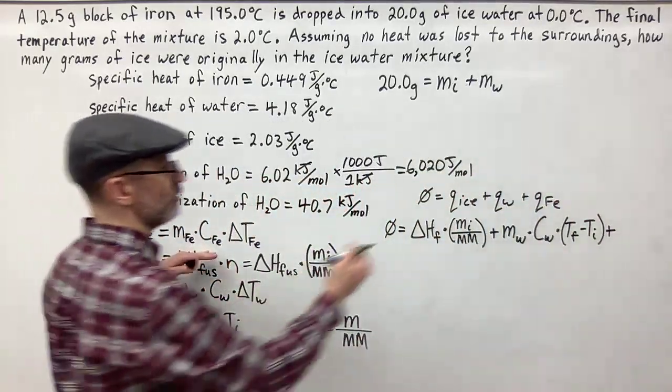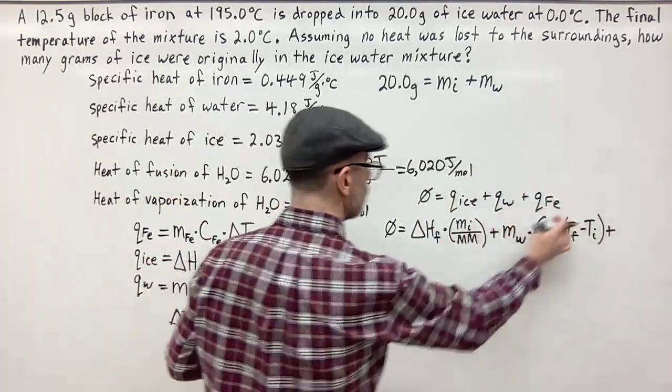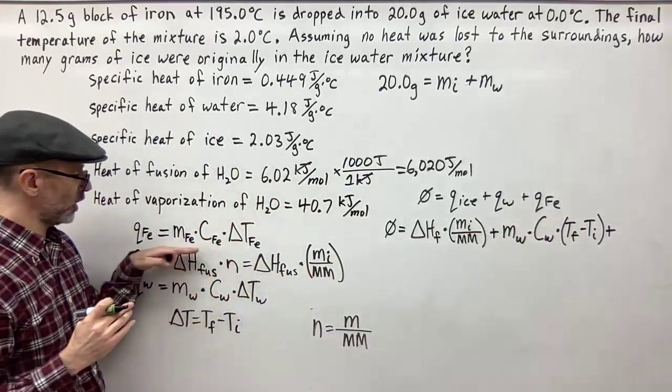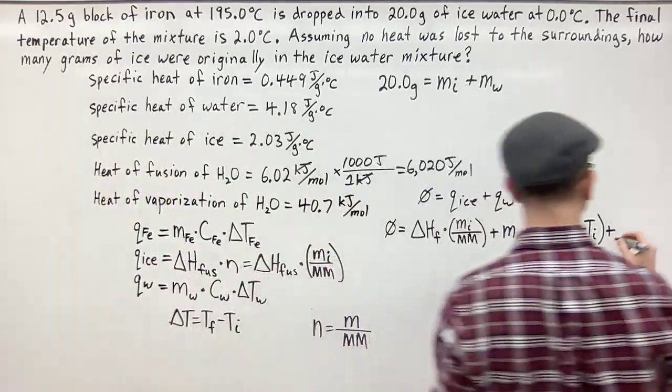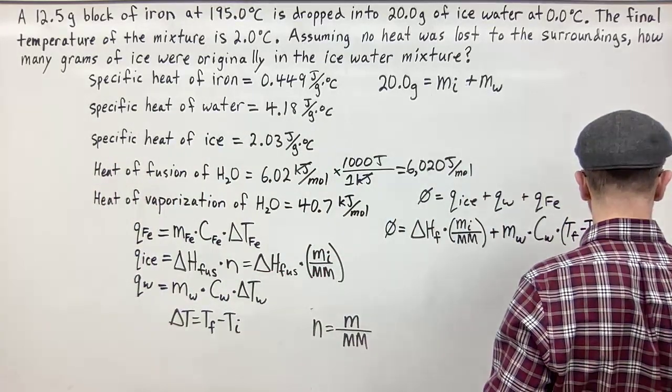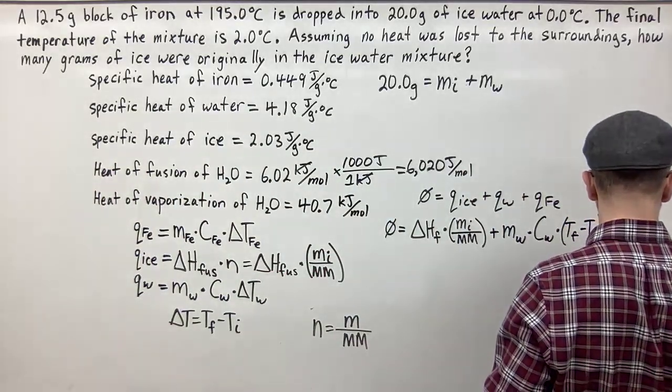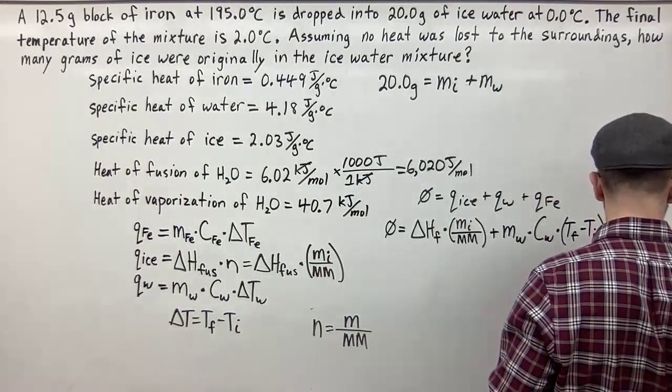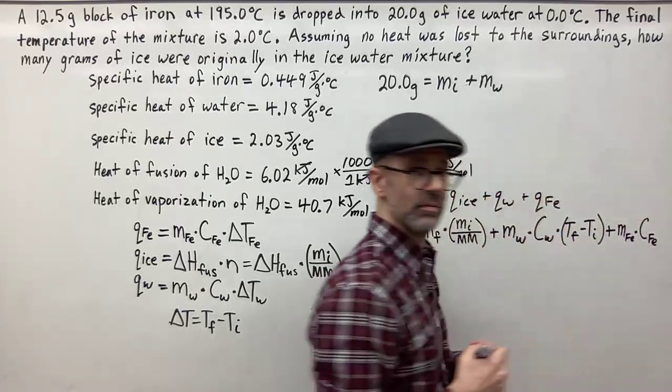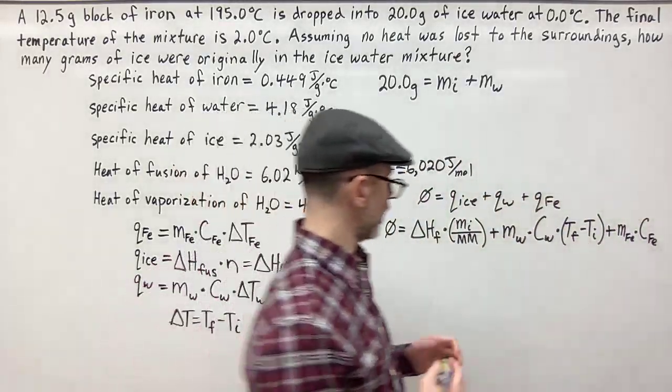the Q of the iron, which is going to be this formula here. So it's going to be mass of the iron multiplied by the specific heat of the iron multiplied by the temperature change of the iron.